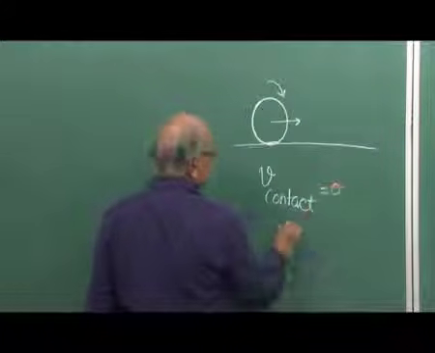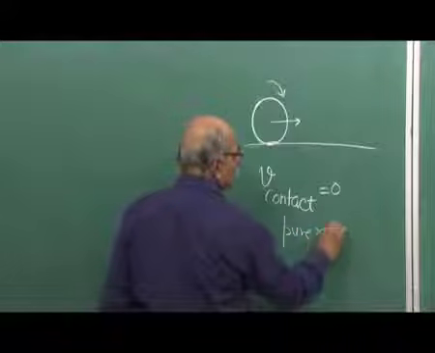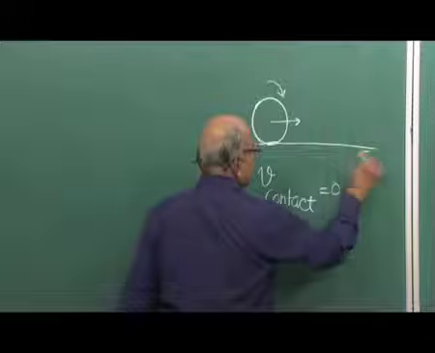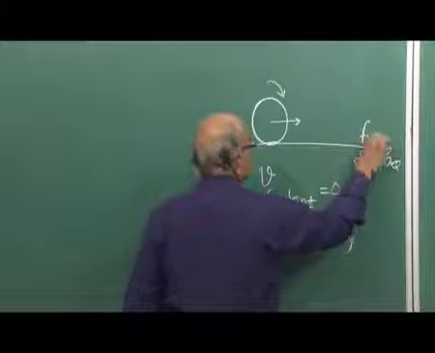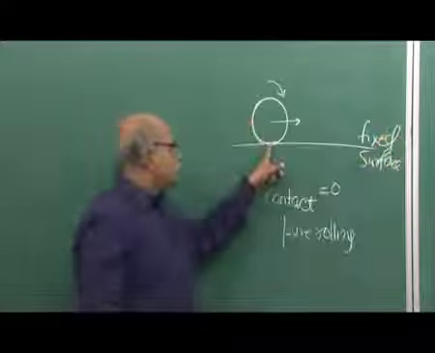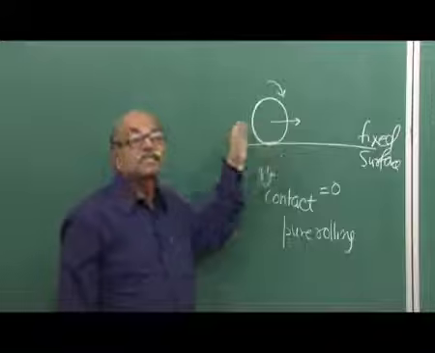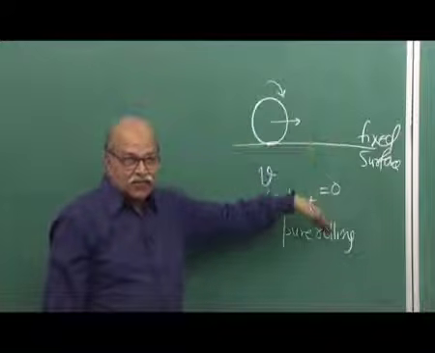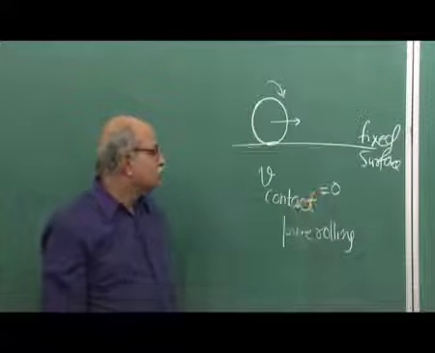That is what it is when it is pure rolling. So this surface is fixed, and if this V, the velocity of the contact point, is not 0, then it will slip, and pure rolling means there is no slipping, and therefore this V contact should be 0.